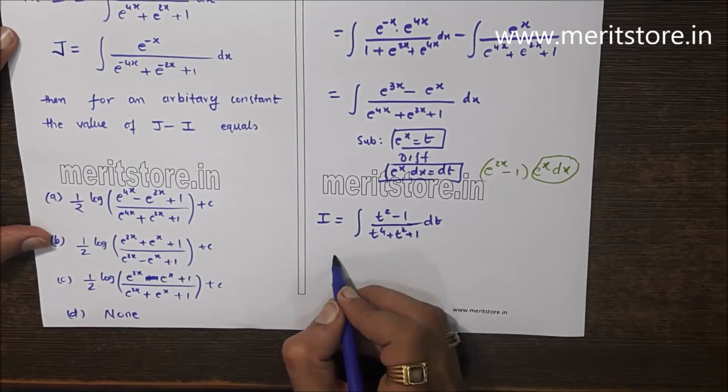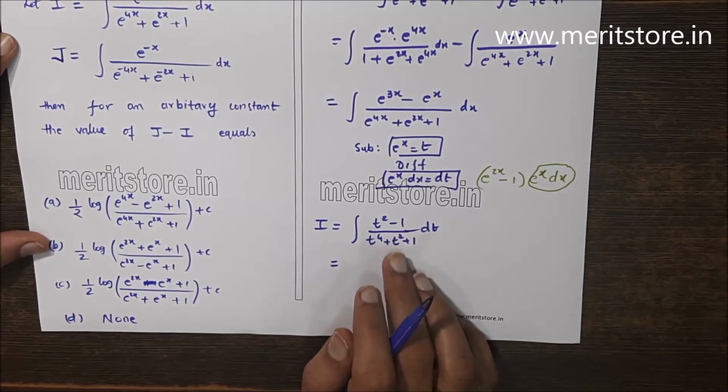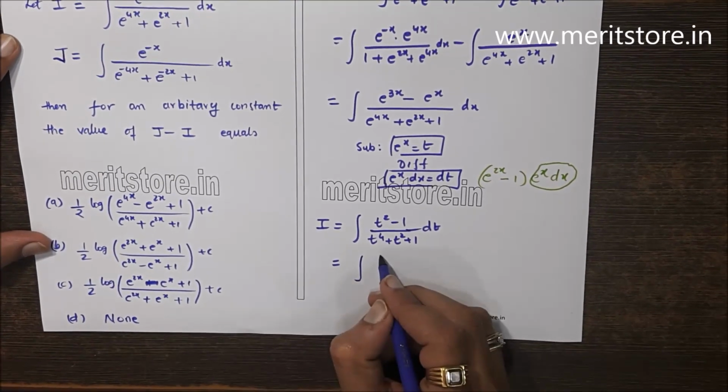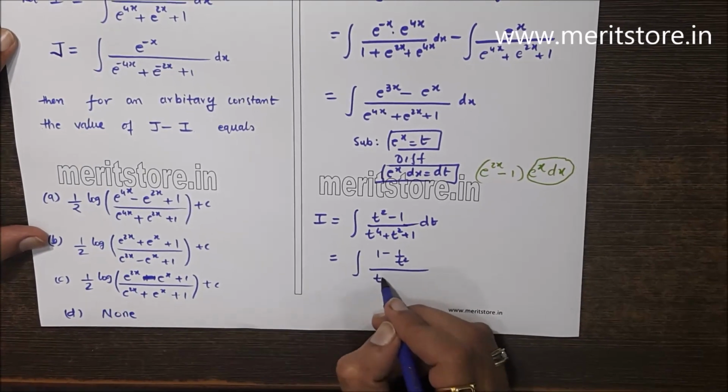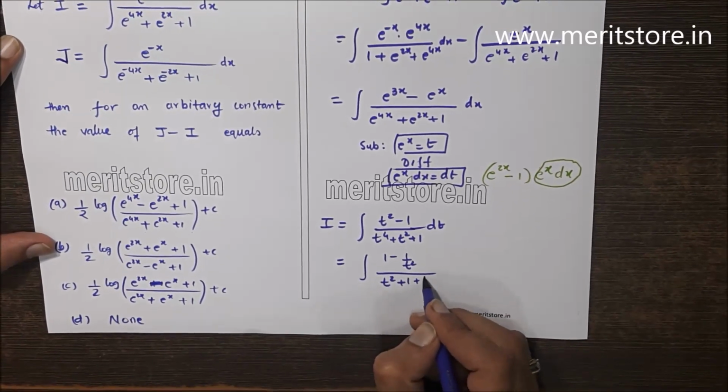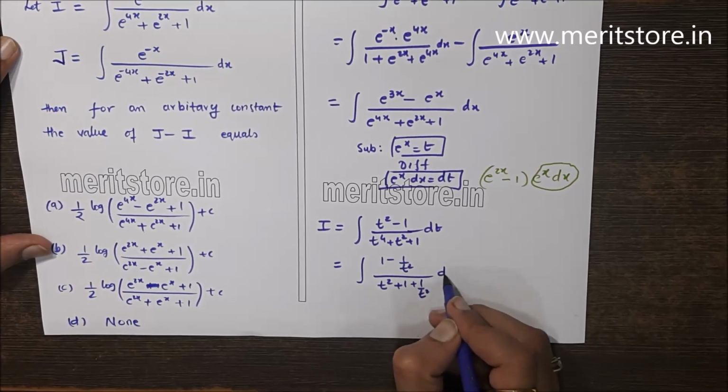After this, I am dividing the numerator and denominator by t square. 1 minus 1 upon t square, plus 1 plus 1 upon t square dt.